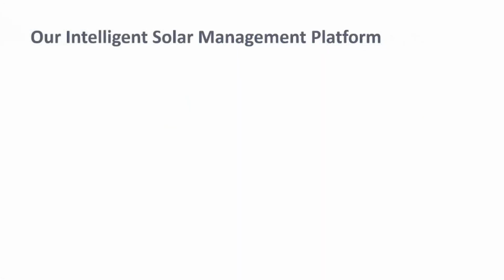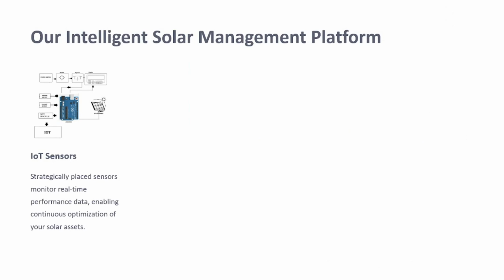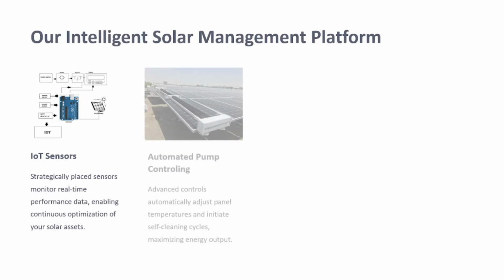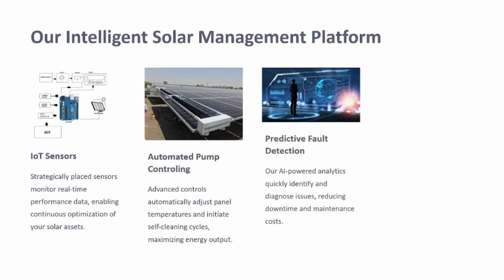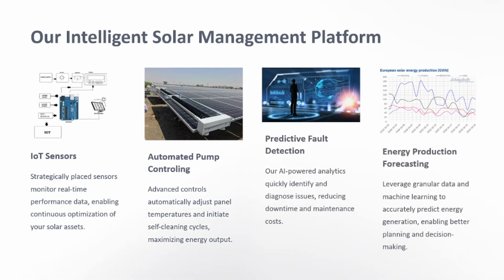So if you look at our intelligent solar management platform's components, the number one thing is our IoT sensor unit. Another is the automated pump controlling unit, and gathering IoT data. We have to implement the IoT sensors inside the solar panel itself, and then the rest of the things are based on separate AI models.